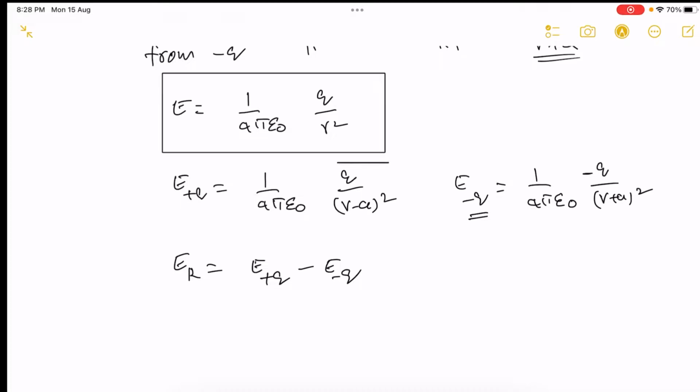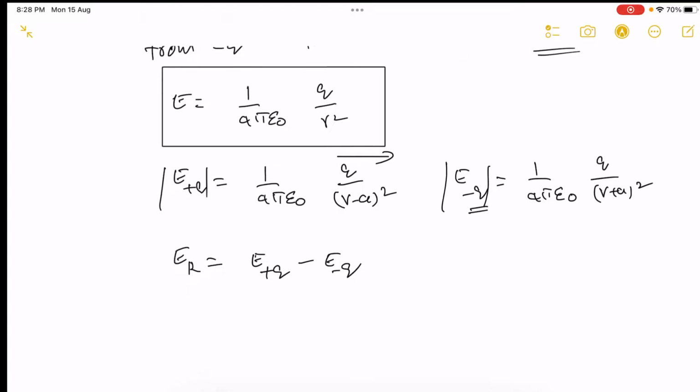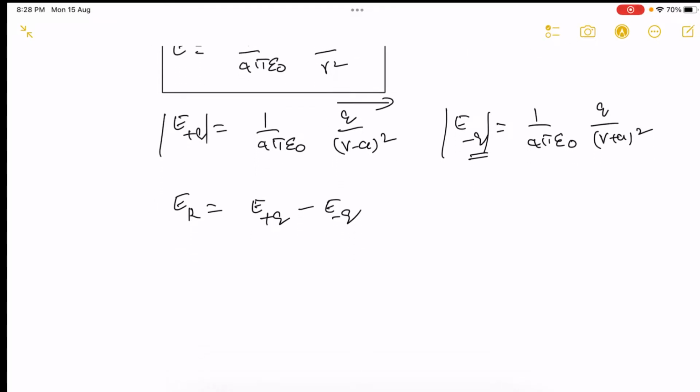Due to plus q, suppose this is the direction; due to minus q, this is the direction. So the minus is nothing but the direction. Or we take the modulus; under modulus, the minus becomes plus. So these are in opposite directions, and we get the subtraction.